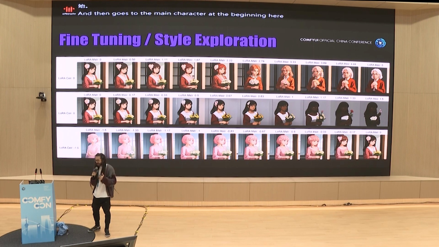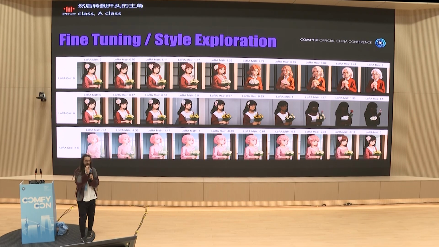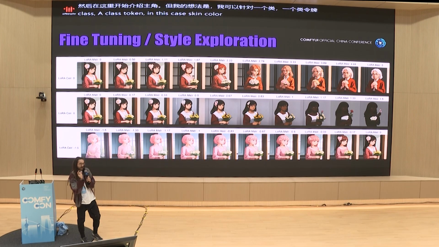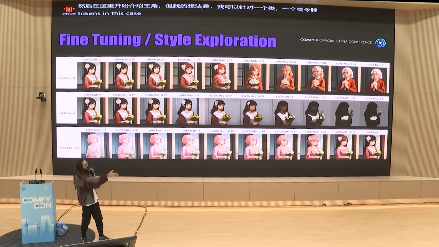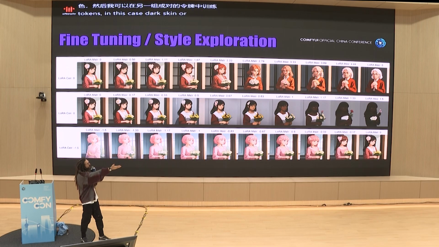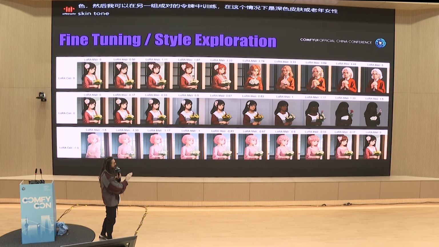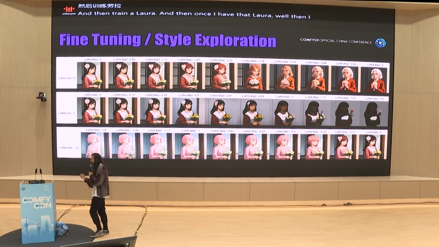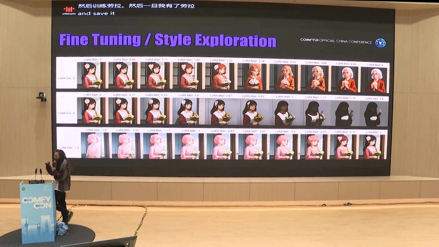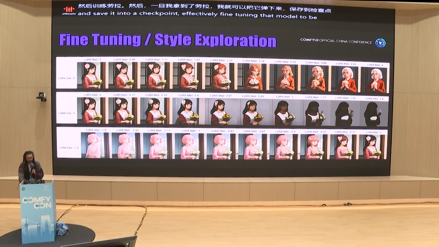But the idea is I can target a class token, in this case, skin color, and then I can train in another paired set of tokens, in this case, dark skin or age, old, woman. I can train those phrases into the class of skin tone and then train a LoRA, and then once I have that LoRA, well, then I can bounce it down and save it into a checkpoint, effectively fine-tuning that model to be whatever it needs to be.